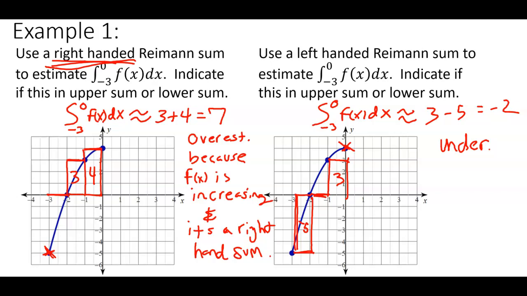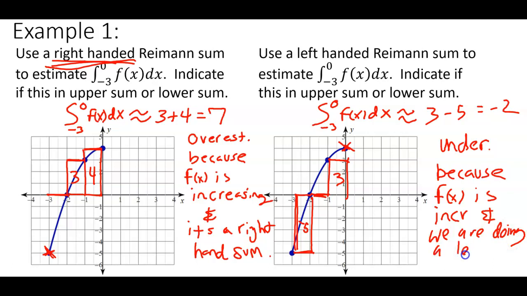Because f of x is increasing. Look at your table, guys. We have an increasing function with a left-handed sum. That's an underestimate. Now let me tell you why this makes sense. Now, guys, look up here. You with me?